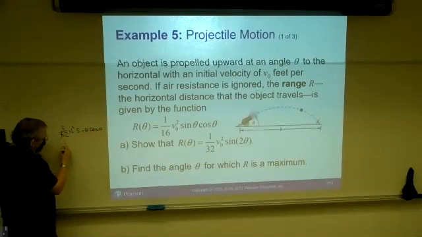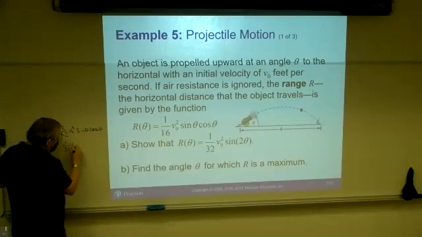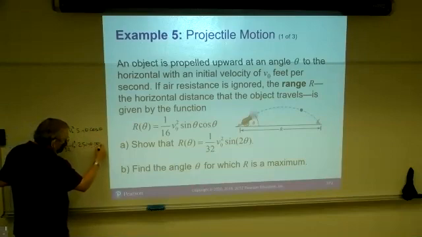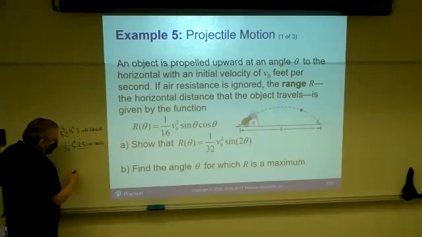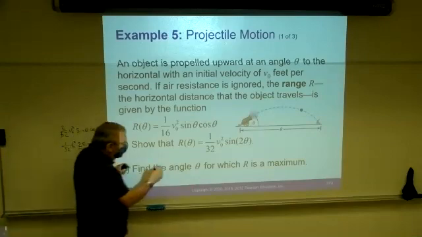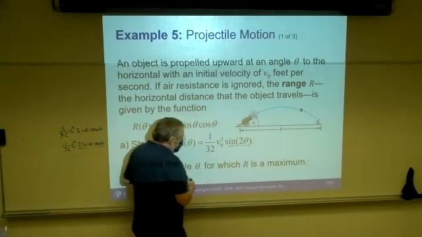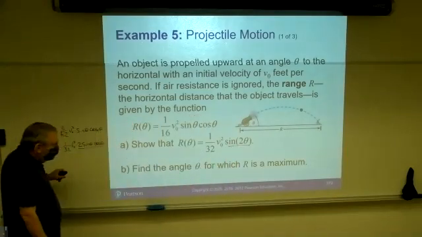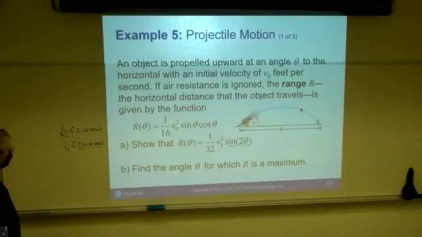Well, I can rewrite this by factoring the 2 away from the 1/32, and this would be v sub naught squared times 2 sine theta cosine theta. 2 cosine theta sine theta is the sine of 2 theta. And there we have it.